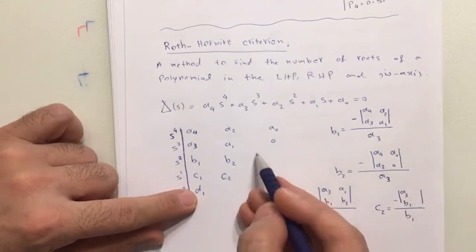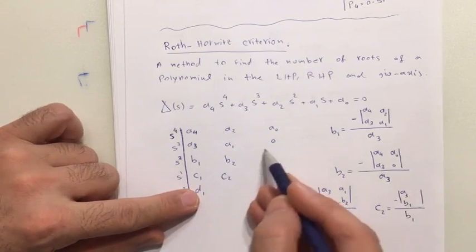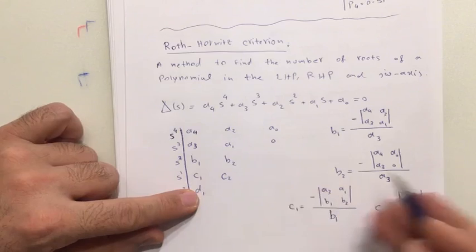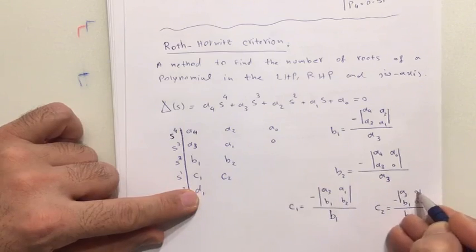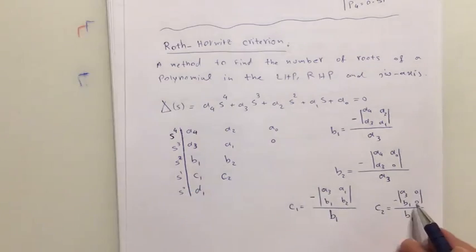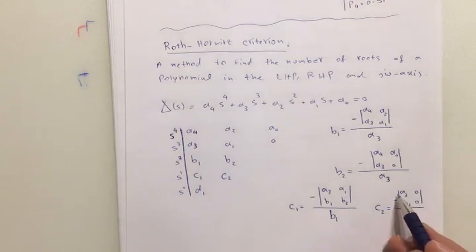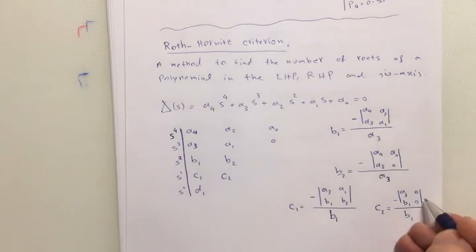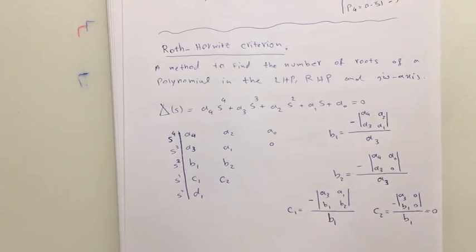But here, what is the next column to C2? It would be 0, 0. If you form this determinant, it would be A3 multiplied by 0 minus 0 multiplied by B1, so it would be 0. And therefore C2 is 0.